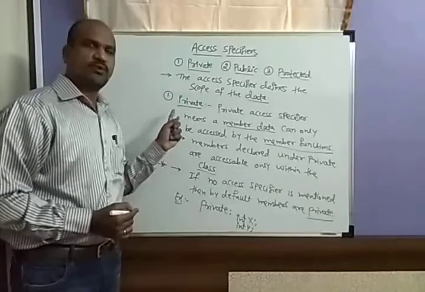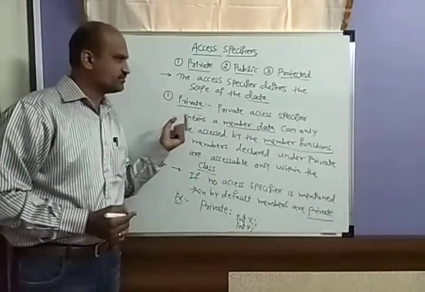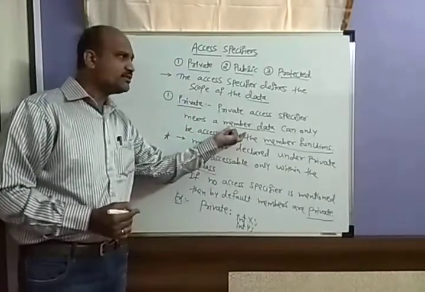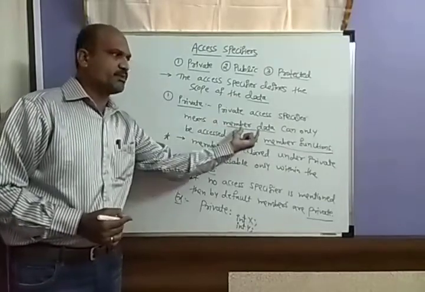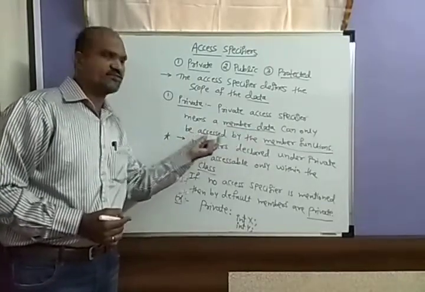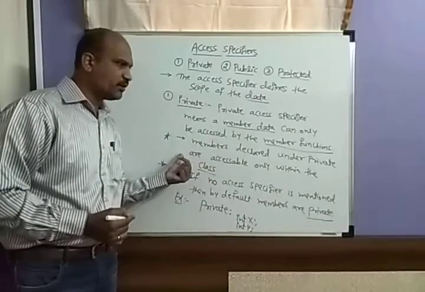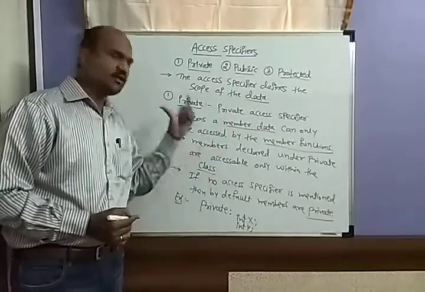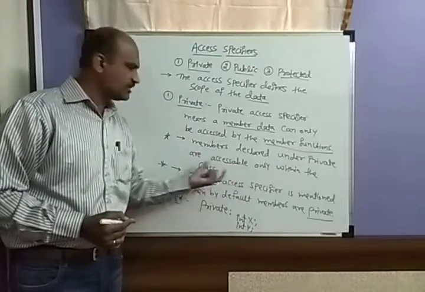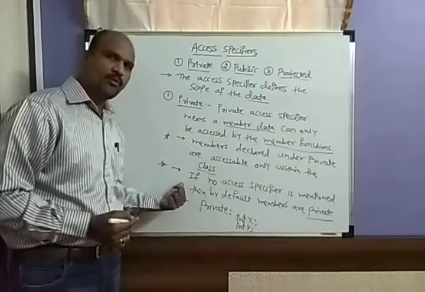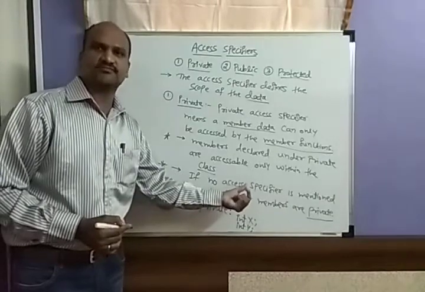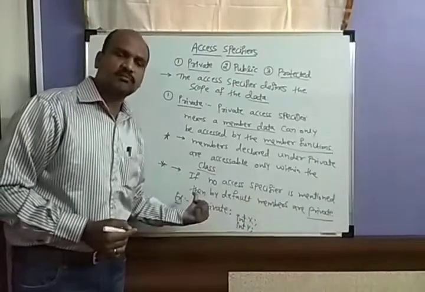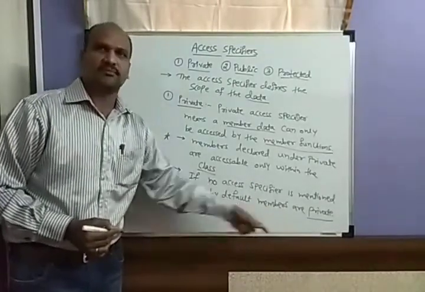So what is the first one? It is private, meaning the member data can only be accessed by the member functions. Second, whatever members are declared under private are accessible only within that class. And if no access specifier is mentioned, by default it will take private.